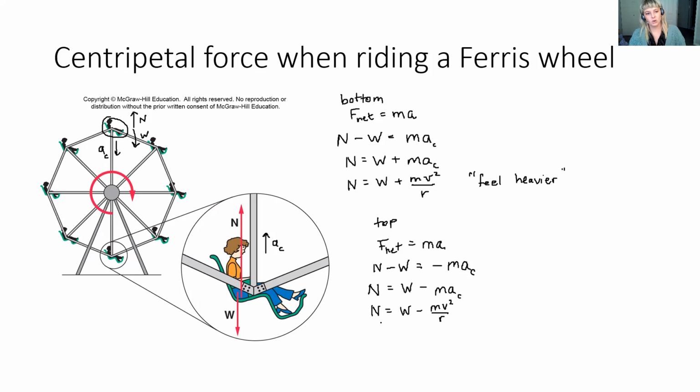So notice that the normal force at the top is your total weight minus mv squared over r. So the normal force is less than your actual weight. The force that the seat exerts on your body is less than your weight. So that actually makes you feel lighter at the top.